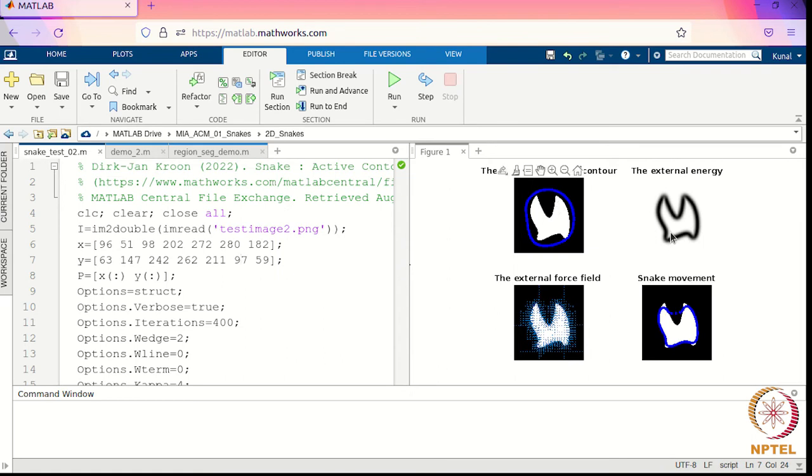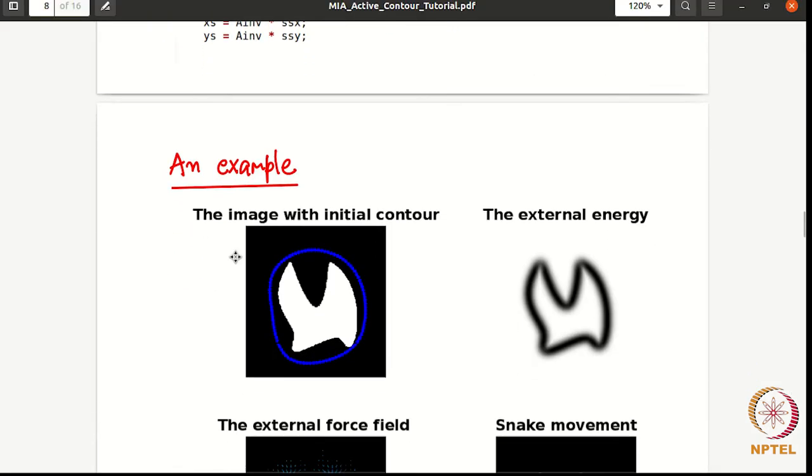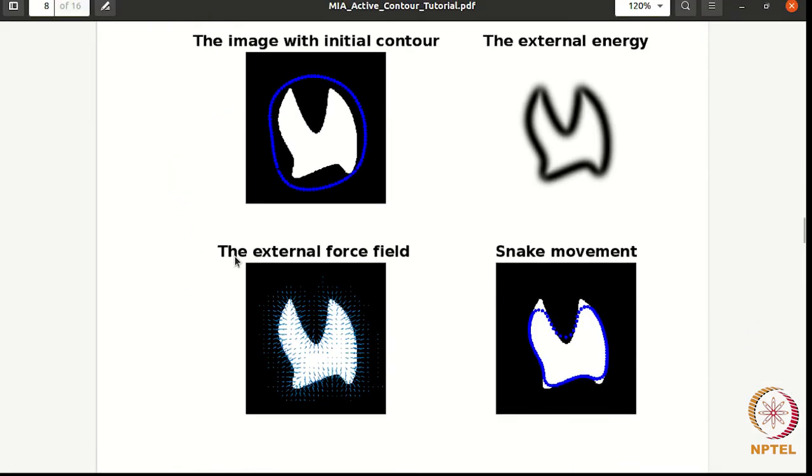Here you can also see the external energy, and here is the external force field. It is a little bit slow, but you have already seen that you have an initial contour that is deforming in such a way that it fits the boundary.